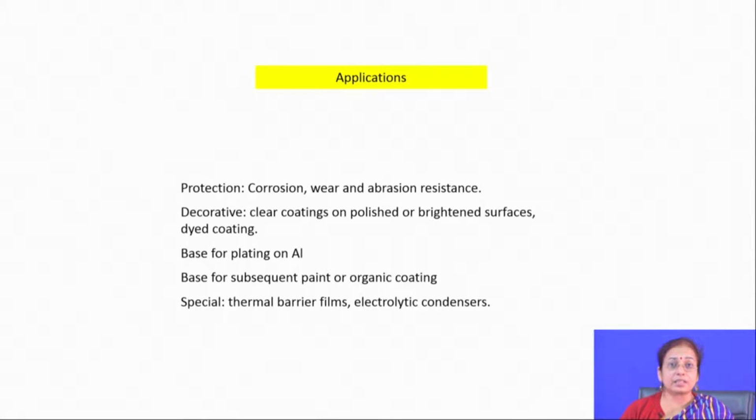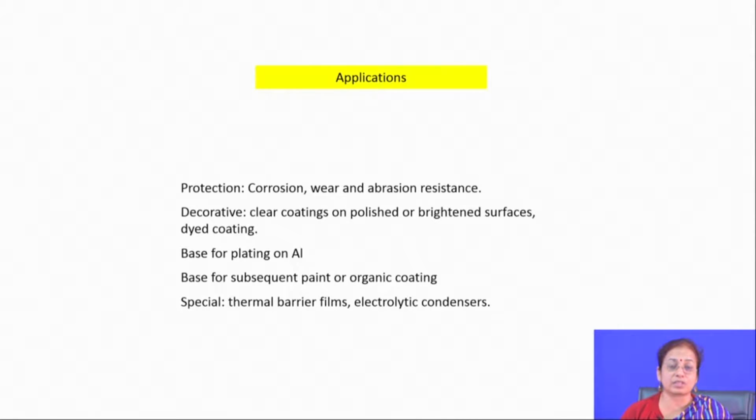Anodized aluminum is applied in several sectors like protection against corrosion, scratch and abrasion resistance, decorative purposes, a base for plating on aluminum, and a base for subsequent paint or special surface treatments like thermal barrier coating, electrolytic condensers, etc.